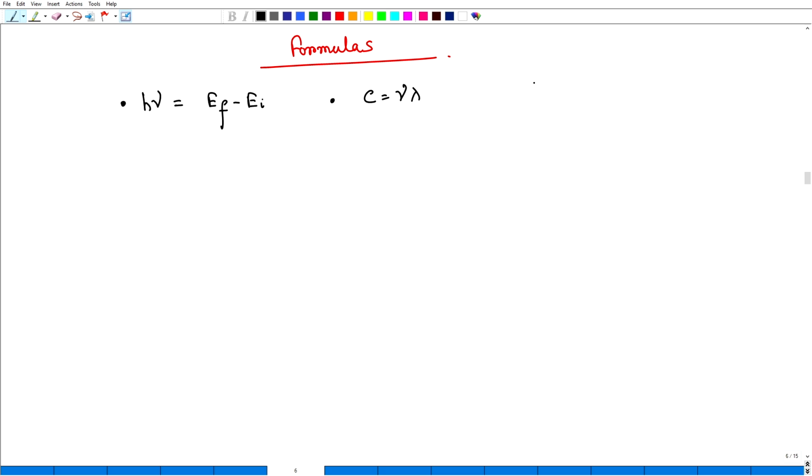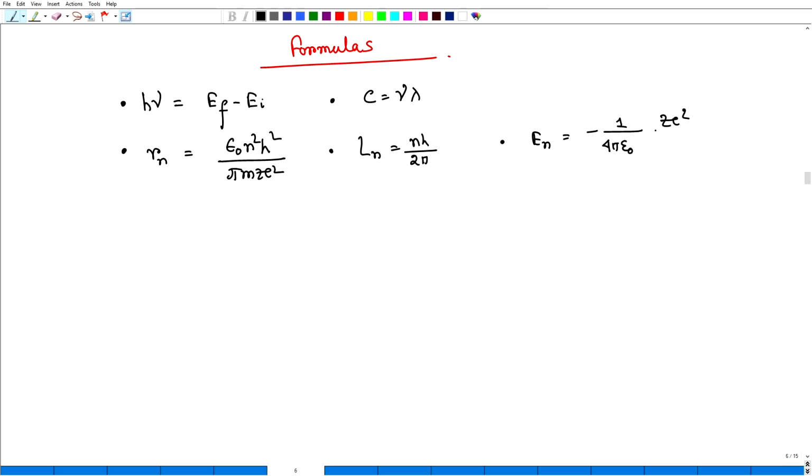Next, for the Bohr atomic orbit, the nth orbit, r_n was epsilon naught n square h square divided by pi m Z e square. L_n was equal to n h by 2 pi, the angular momentum. The energy E_n should be equal to minus 1 by 4 pi epsilon naught, Z e square by 2 r_n.